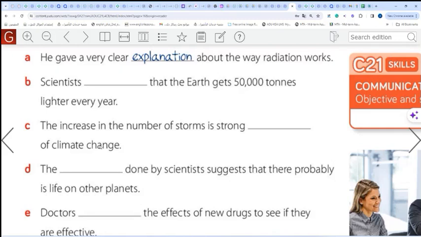An increase in the rate of storms, and strong evidence. You know strong winds. When winds become stronger, this is called a storm.